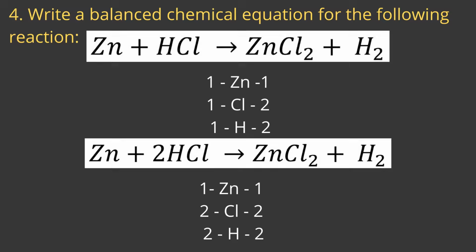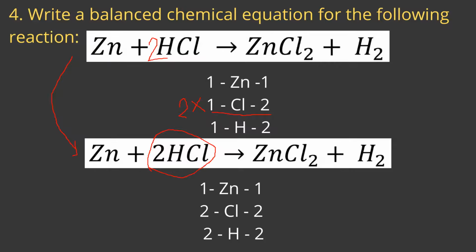You can say, okay, I can just multiply chlorine by 2. So you write 2 over there, and this is the type of equation you will get: 2HCl. Before you proceed to balance the H's, first check.